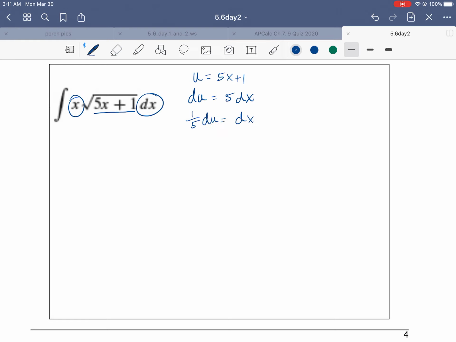So then I divide by 5. Okay. I need the x, so I take u equaling 5x plus 1 and I solve. So u minus 1 over 5 is x.